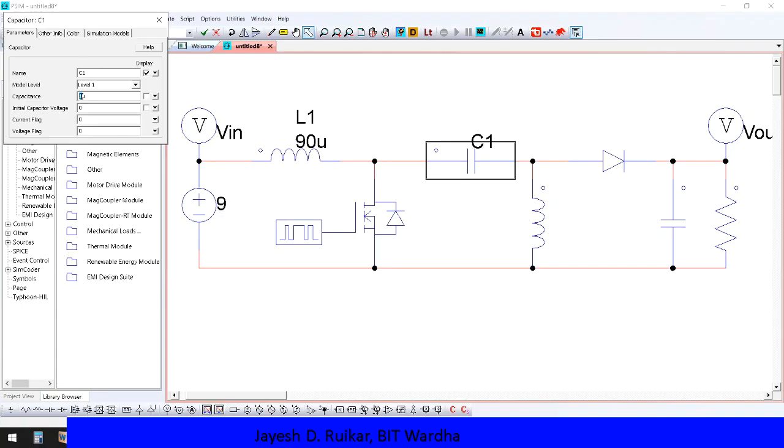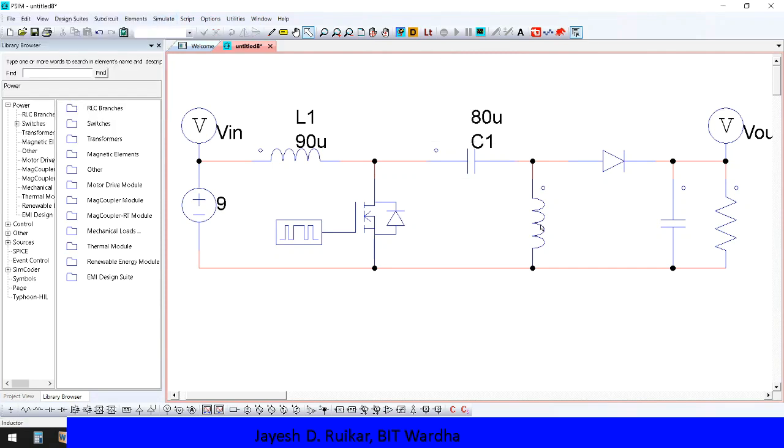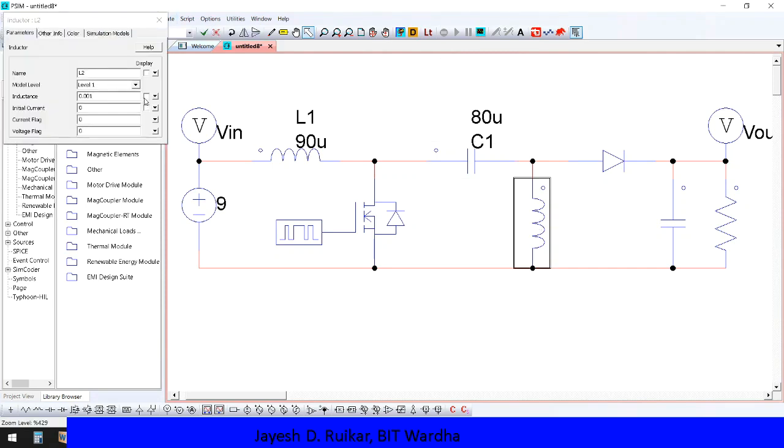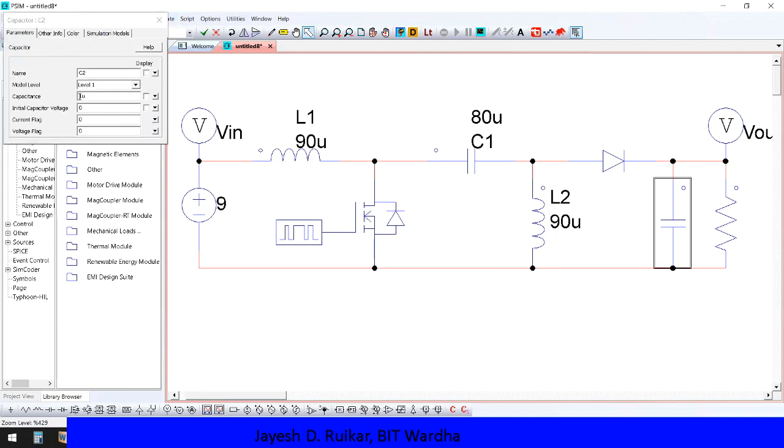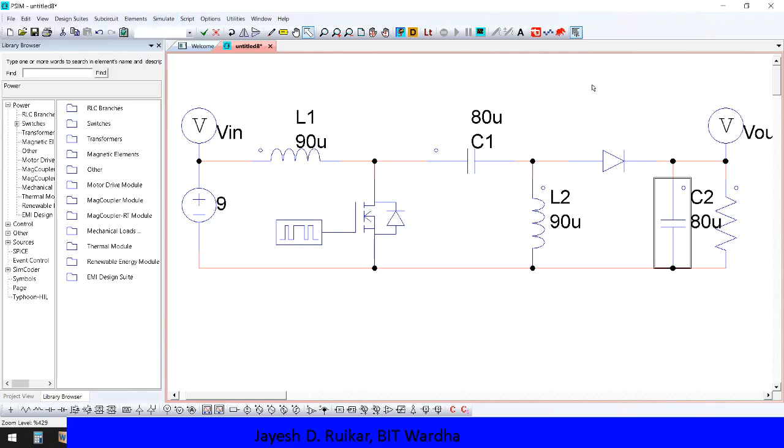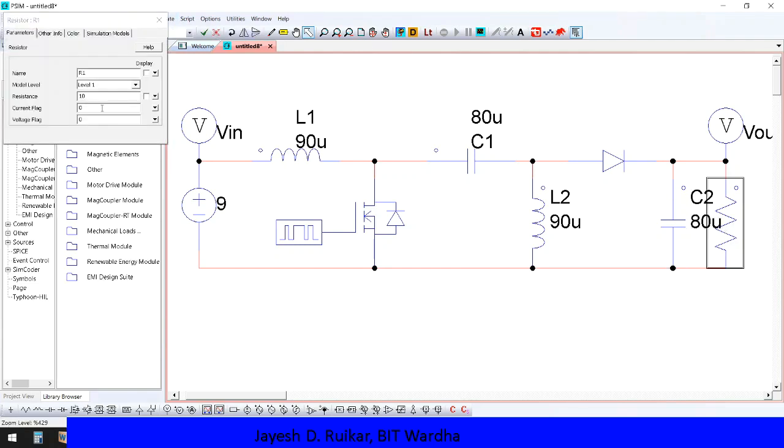We have this L2, which is again 90 microhenry. Capacitor value 80 micro. This is your C2, and then we have this resistance value, that is 3. This is your RL.